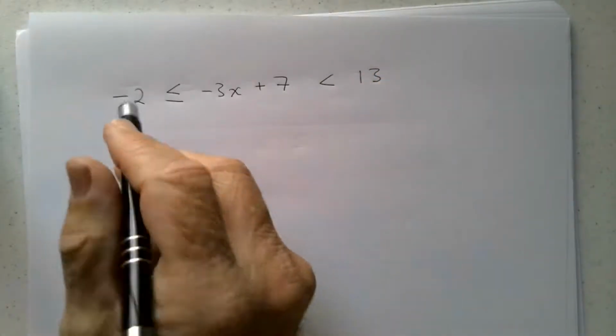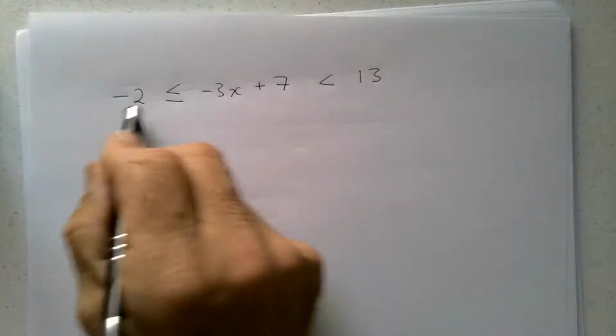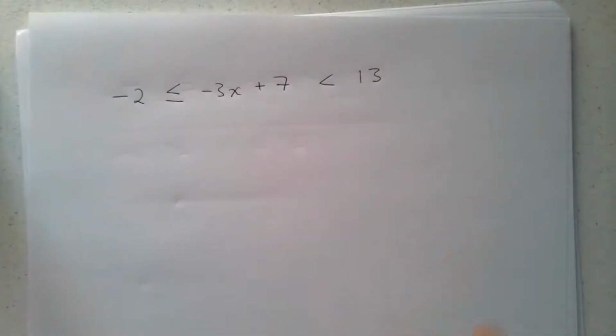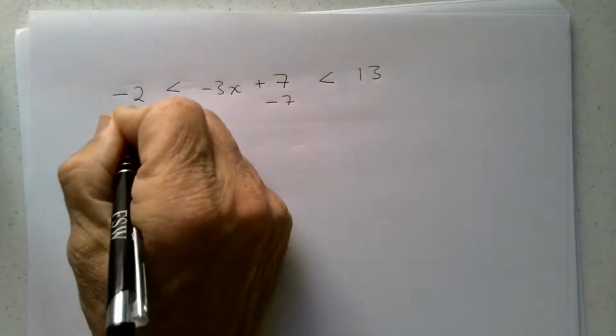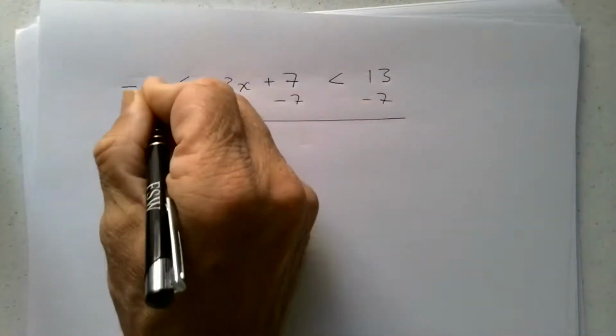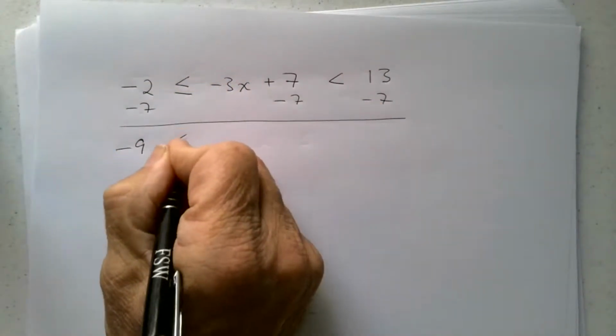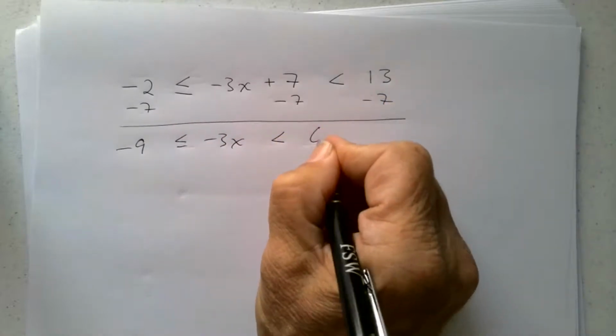First thing to notice is -2 is less than 13, so that's good. If that was not the case, we're going to have an awfully difficult time doing this problem. So if we're going to use the textbook method, subtract 7, subtract 7, subtract 7. -2 minus 7, -9 less than or equal to -3x less than 13 minus 7 is 6.